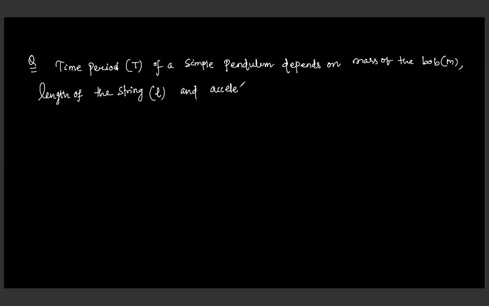Acceleration due to gravity is an acceleration only, its dimension is equal to the dimension of acceleration. Acceleration due to gravity, that is g.